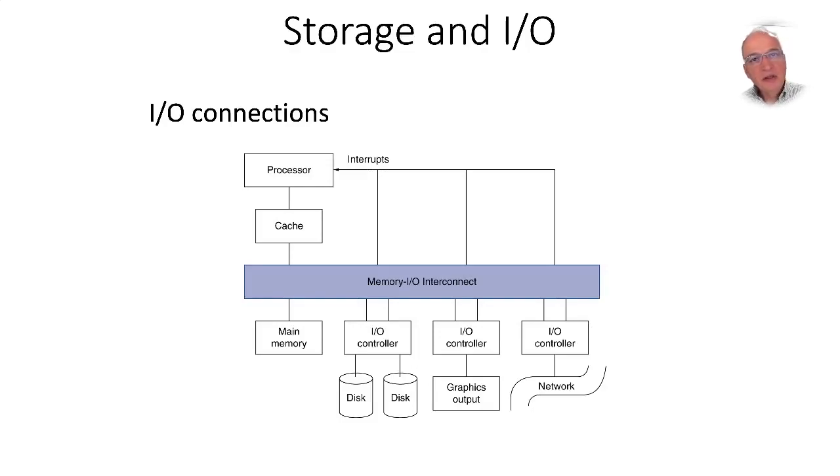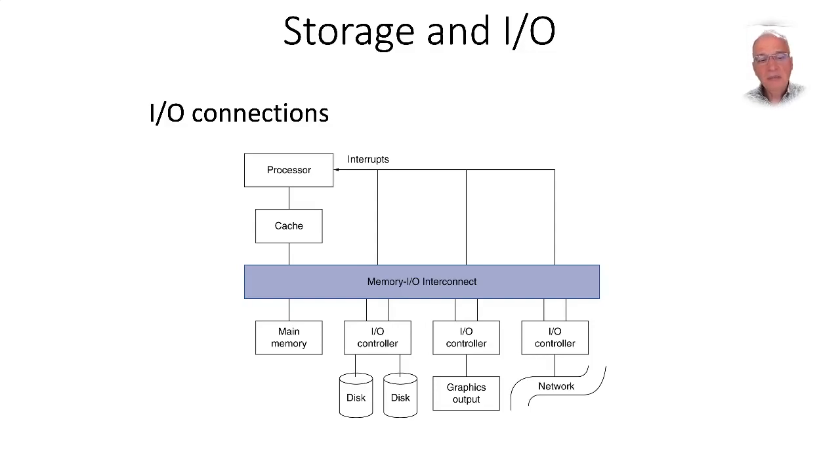Another topic that we're going to cover in this short lecture is the connections with the input-output devices. The processor will be connected to this memory and input-output interconnect network. There is a cache. We haven't studied cache yet, but it's one of the units that's coming up this term.